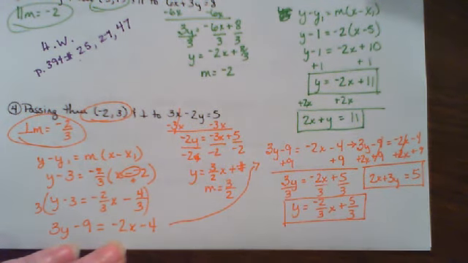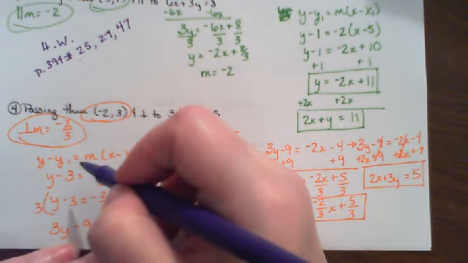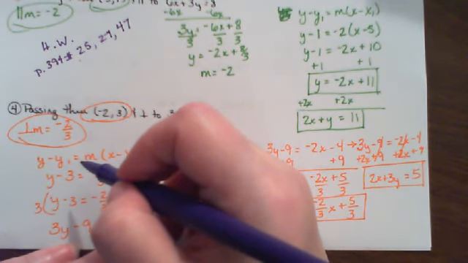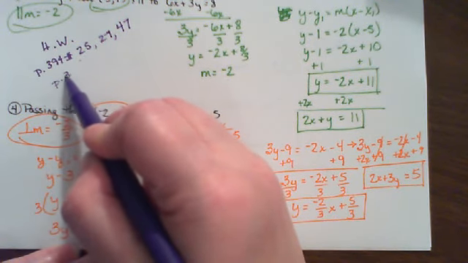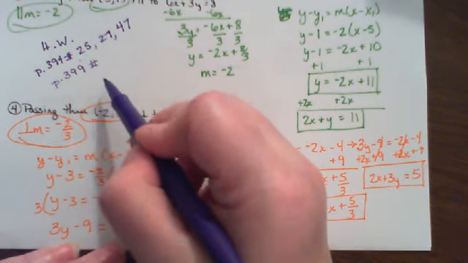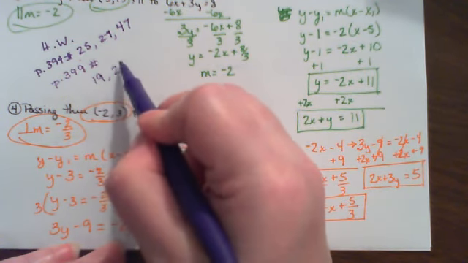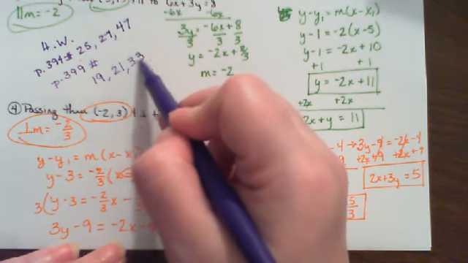And then on page 399, numbers 19, 21, and 33.